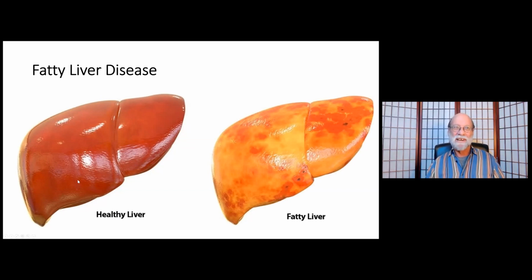Now, I want to talk a little bit about fatty liver disease. On the left here, we have a depiction of a normal liver. You can see that it has a smooth surface and is, in general, kind of the same homogeneous color. It's usually a reddish purple.